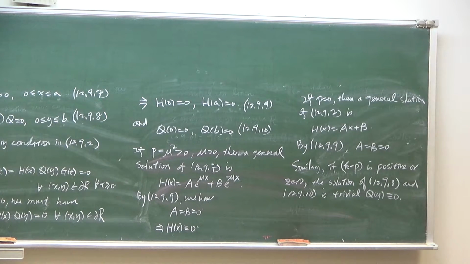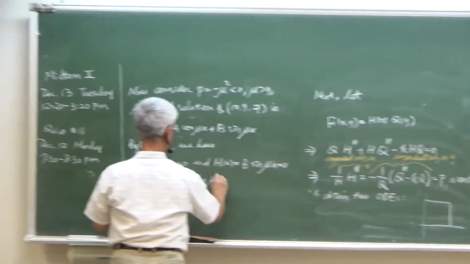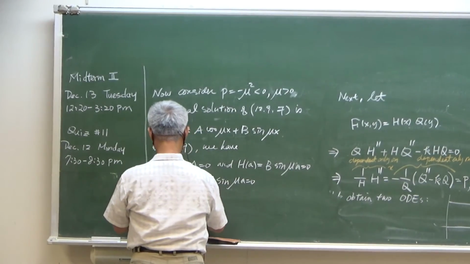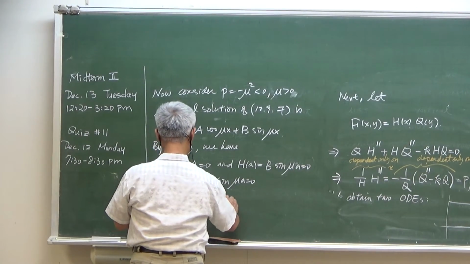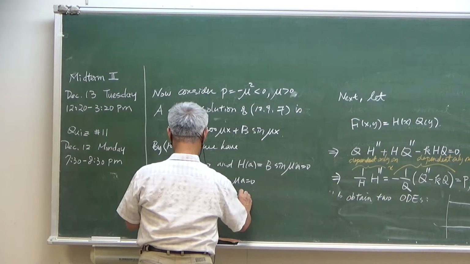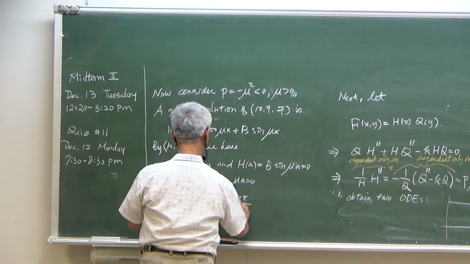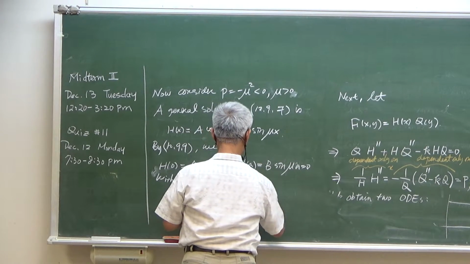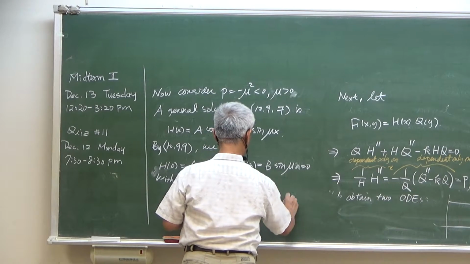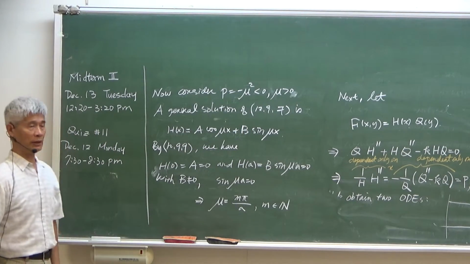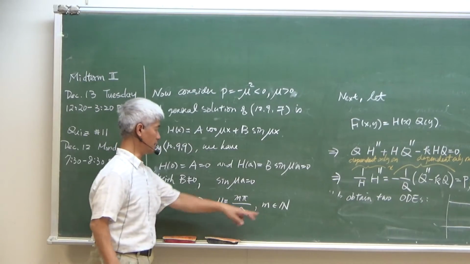With b not equal to 0, so we have sine mu a equal to 0. This implies that mu can only take m pi divided by a, and the m belongs to the set of all positive integers.